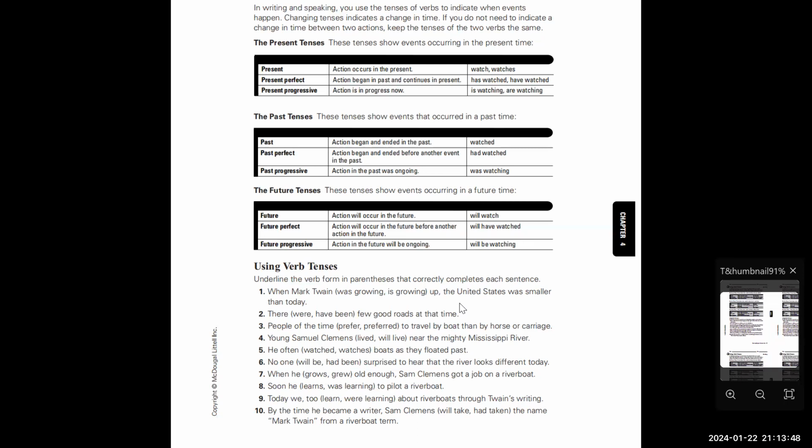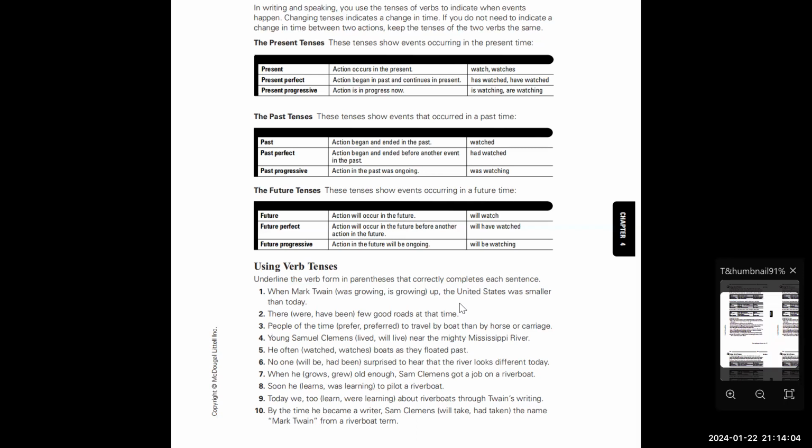The last part says "at that time." I think it's "were." Okay, that's right.